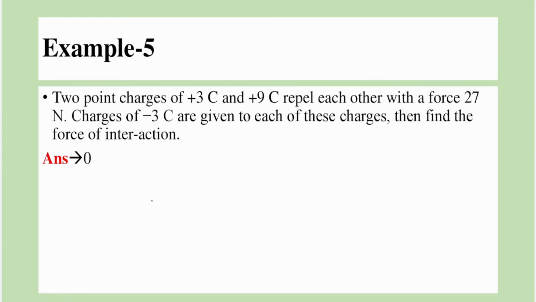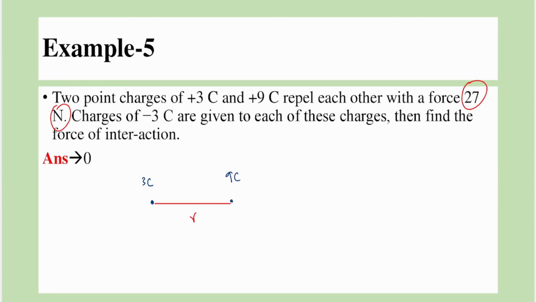There are two charges, say one is 3 Coulomb, other is 9 Coulomb. There is some distance between them as given here. The force between them is given as 27 Newton. There is no need to find what the force is. We just call the force as F and distance as R.